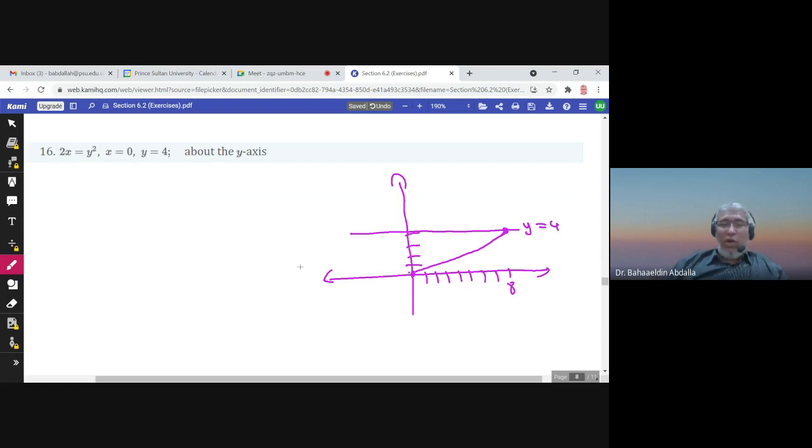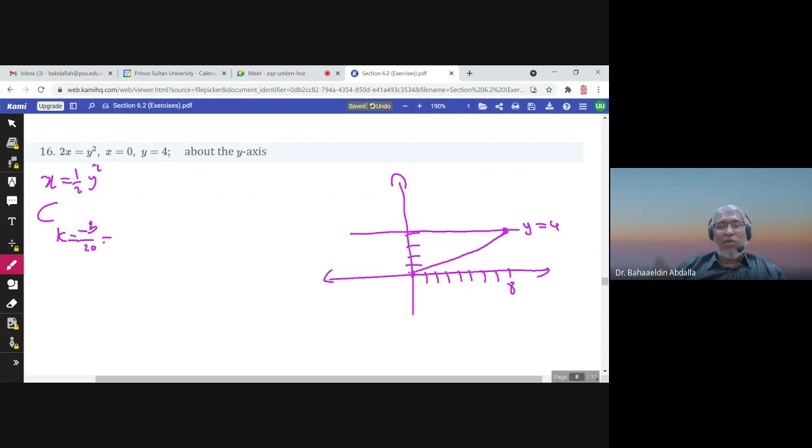This is the line. Why did I draw the line like this? Actually, if you remember, this is x equals half y squared. So it's a horizontal parabola. It opens to the right because half is positive. Where is the vertex? Well, for the vertex, we find k equals negative b over 2a.